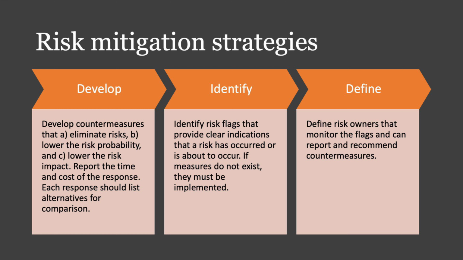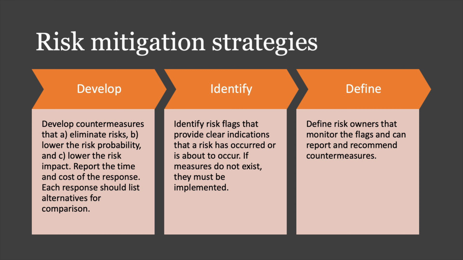So if you have a countermeasure that costs you 20% of the project, that's going to be a very expensive countermeasure, and we want to capture that. Also, how long the countermeasure takes. If the countermeasure extends your project by 6 months, that may be pretty detrimental to the overall project. So again, you want to list the time and cost for each countermeasure, so that when you hit that point and you're deciding which option to choose, you can select the best one.